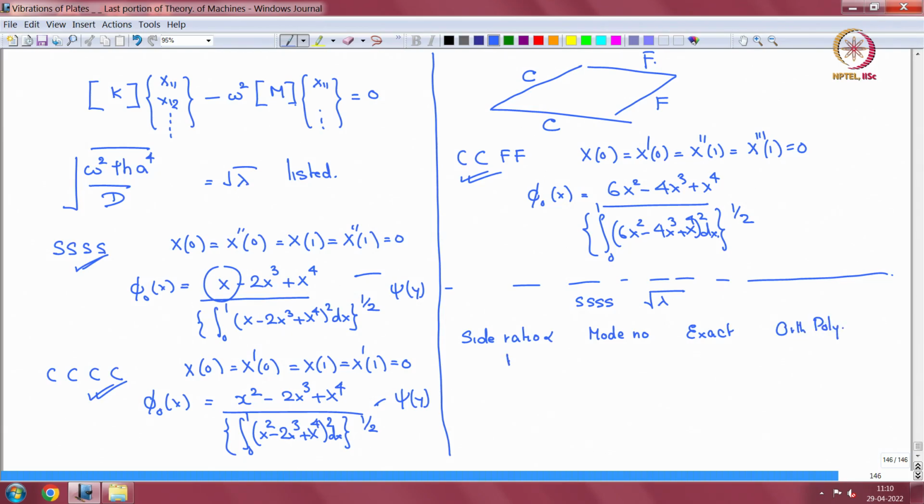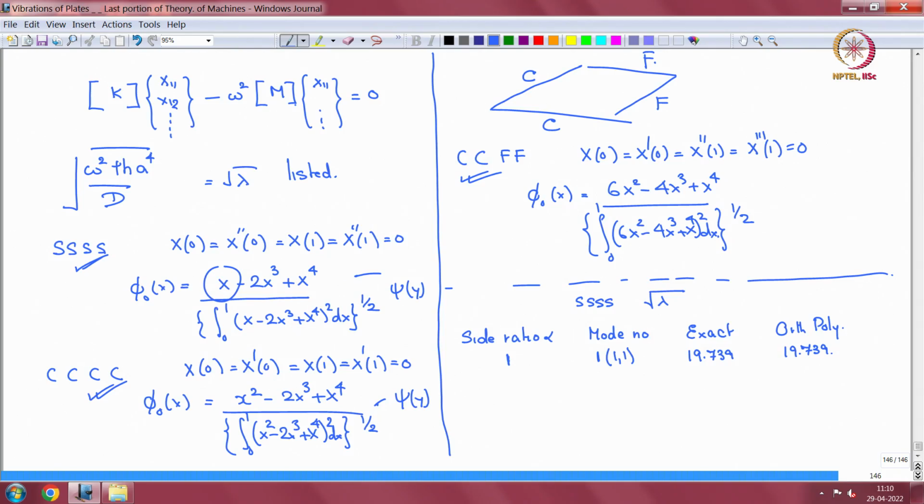So the side ratio is 1, let us say, then the first mode, which is the 1,1 mode, the exact value is 19.739, and what you compute, you can obtain this value. He does not list the number of polynomials, or maybe he does.